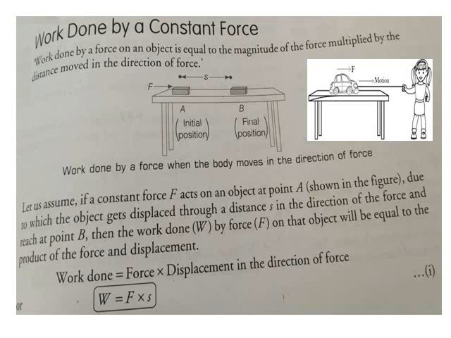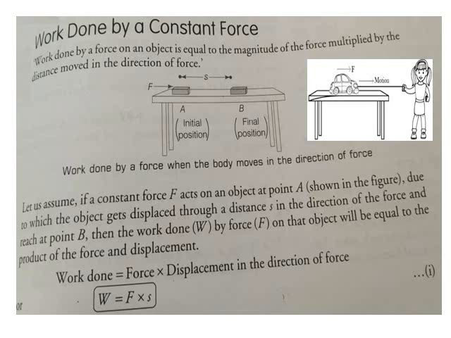Now see the example given here. In a table, an object is there at the position A and a force is applied for the object to move, and because of the force, the object A is displaced to a new position B, and the distance between A and B, or the displacement, is F. This can be the example given on the right side of the figure.